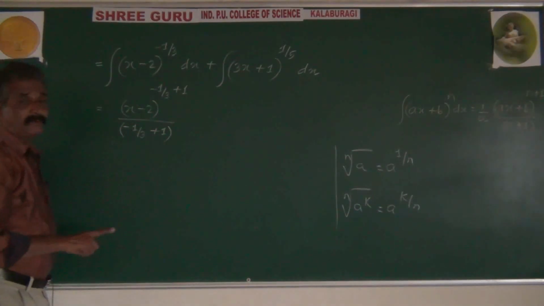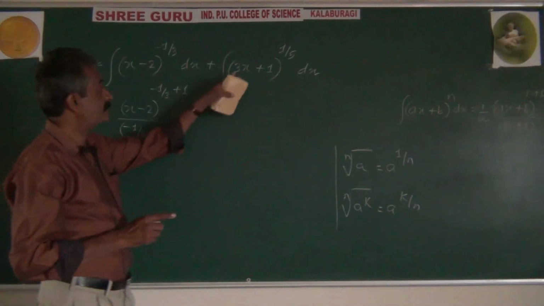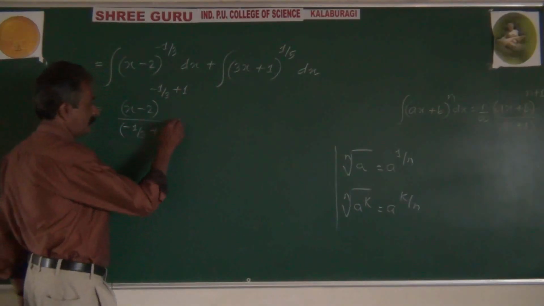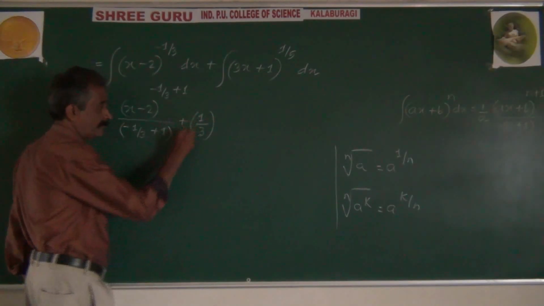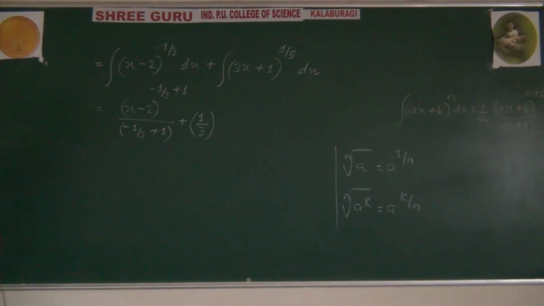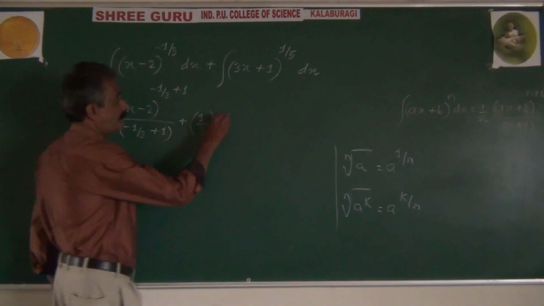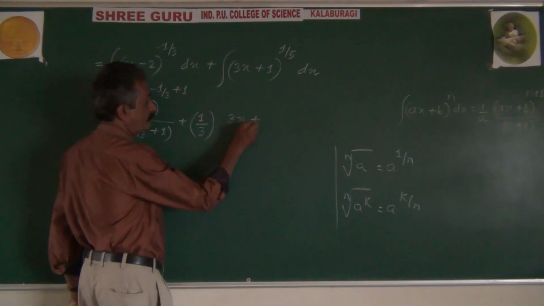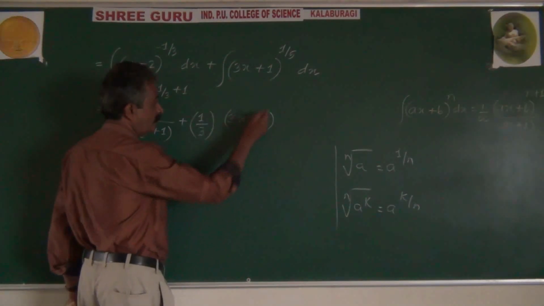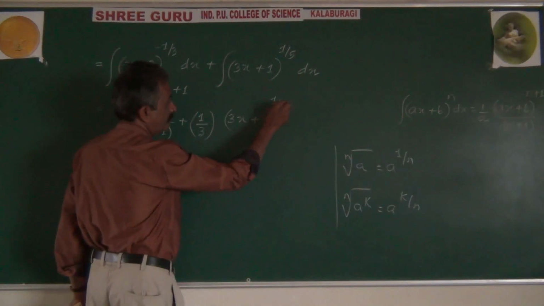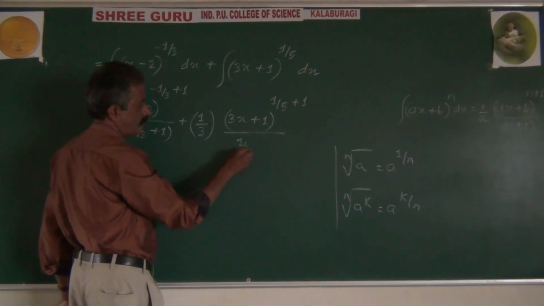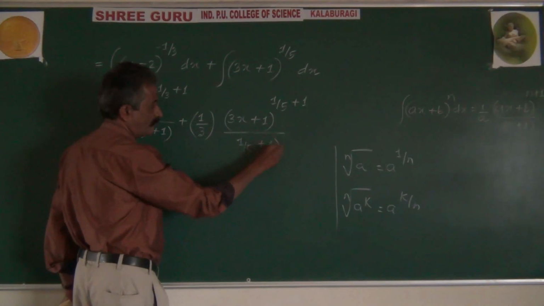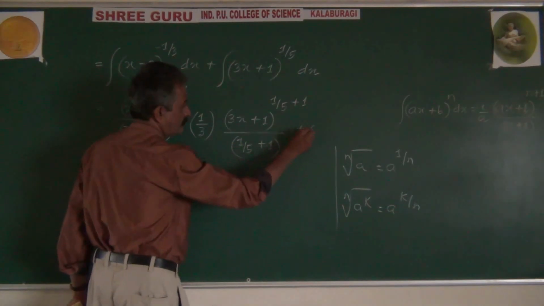Similar type of answer, but you must take care of the coefficient of x. What is it? 3. So first write, for the safer side, 1 by 3. Now the formula: (3x plus 1) to the power 1 by 5 plus 1, divided by 1 by 5 plus 1, and plus constant.